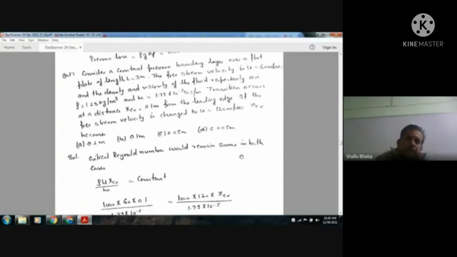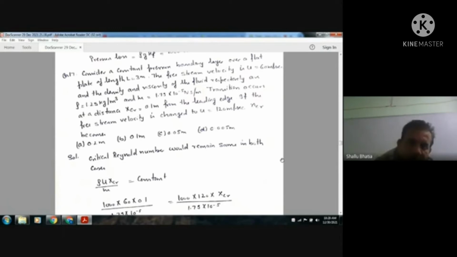Consider a constant pressure boundary layer over a flat plate of length 3 meter. Free stream velocity is 60 meter per second. The density and viscosity of the fluid, respectively, are rho 1.23 kilogram per meter cube and mu 1.79 times 10 to the minus 5 Newton second per meter square.